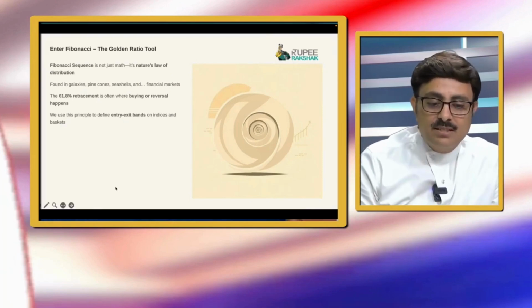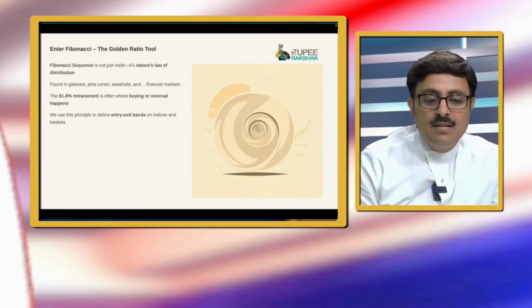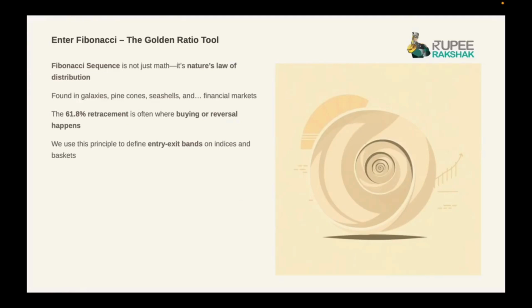There is 61% in Fibonacci levels, we say the golden ratio, and 61.8% retracement is often where buying or reversal happens. Suppose a price has gone up from, let's say, 100 rupees to 160 or 170 rupees, it is likely to reverse from there.